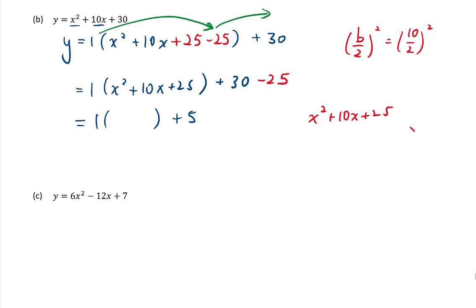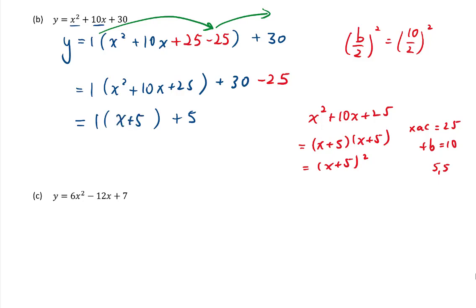We need two numbers that multiply to 25 and add to 10. And the two magic numbers we get are 5 and 5, and I'm just going to use the shortcut. That means we get x plus 5, which is x plus 5 squared. So here we have x plus 5 squared.